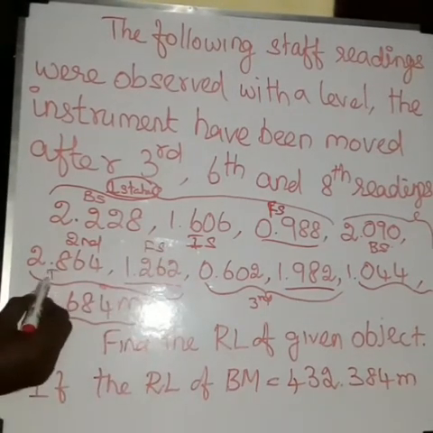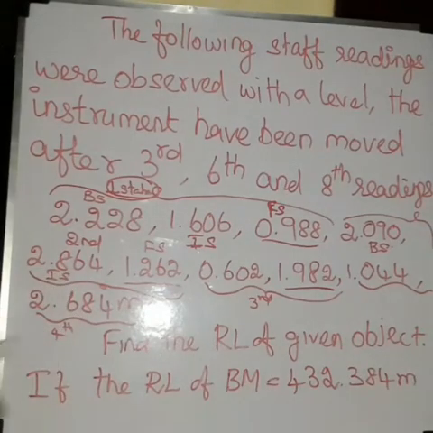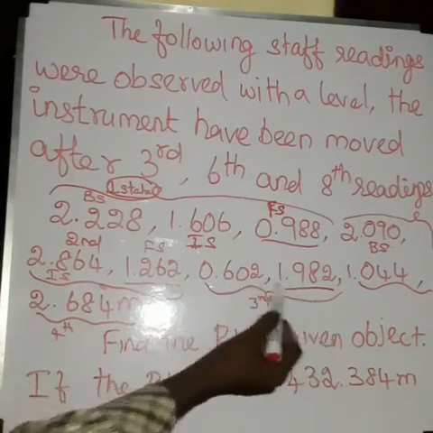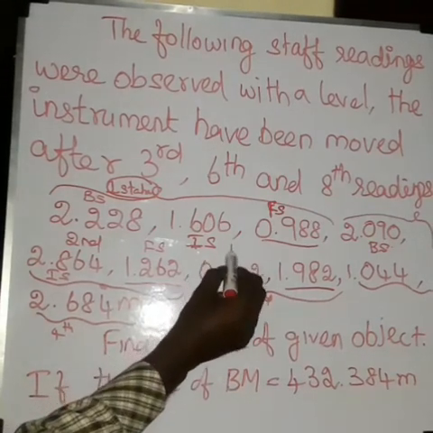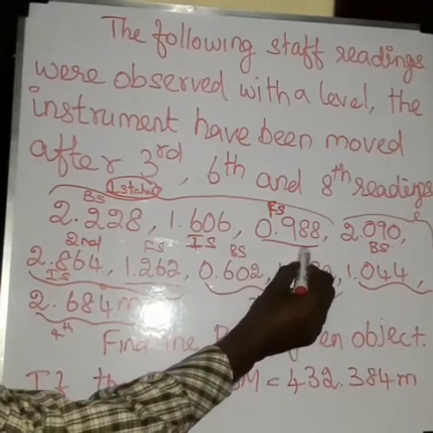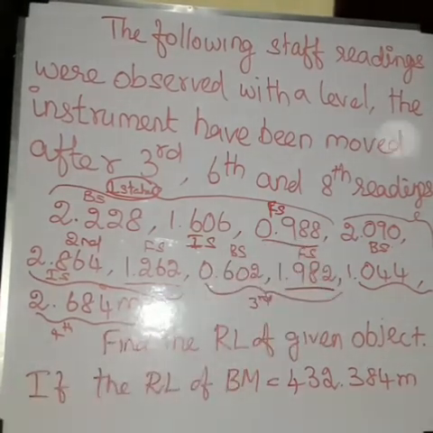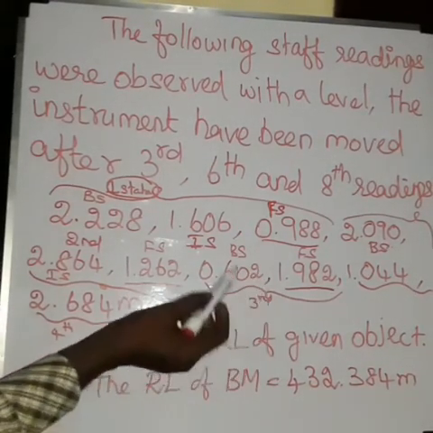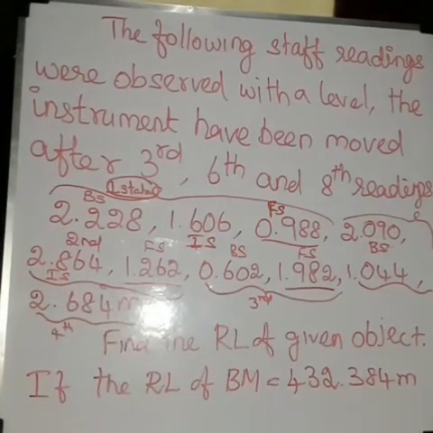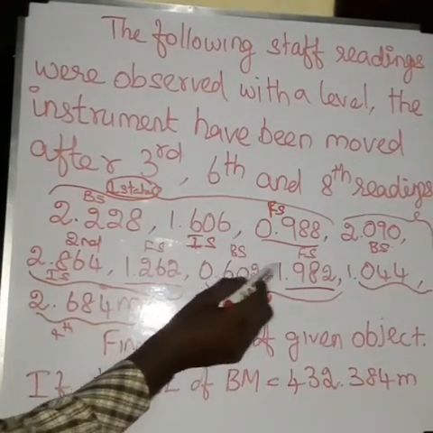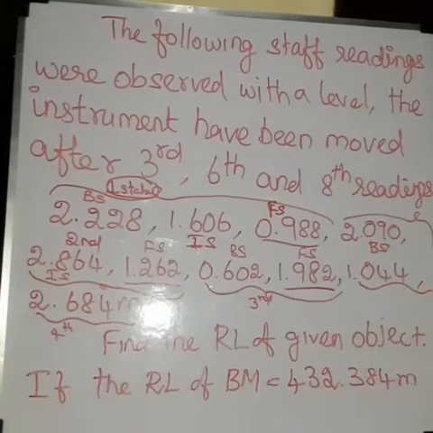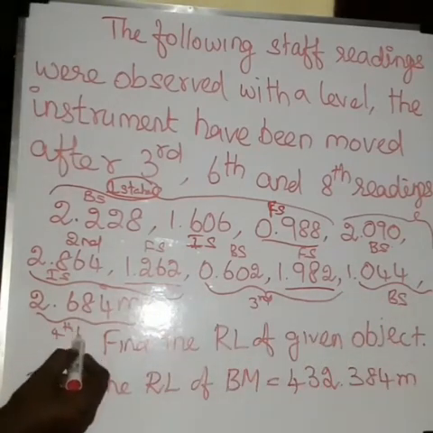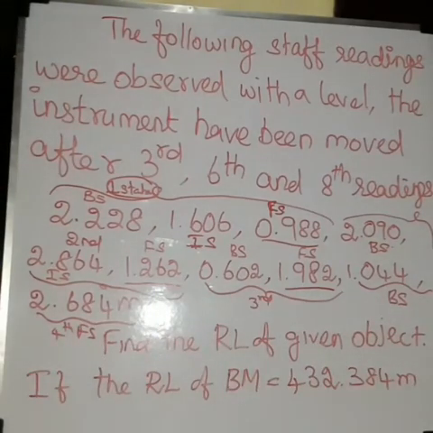The remaining readings are intermediate sights. At the third station, only two observations were made, so the first is the backsight and the last is the foresight. Here no intermediate sight is observed because only two readings were taken, so only backsight and foresight readings were observed. The fourth station is also the same: the first reading is the backsight, and the last reading is the foresight.